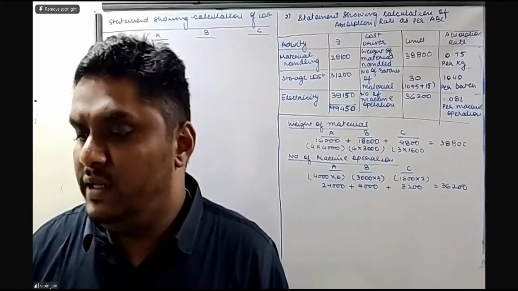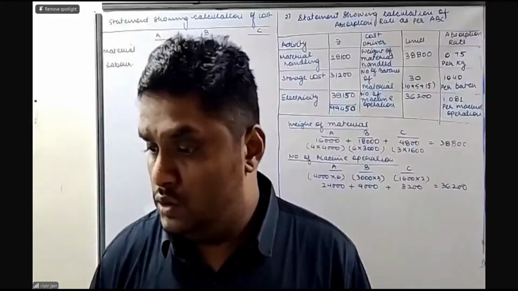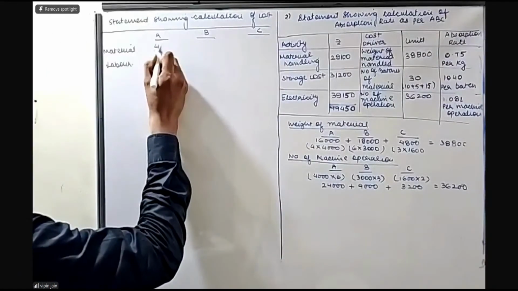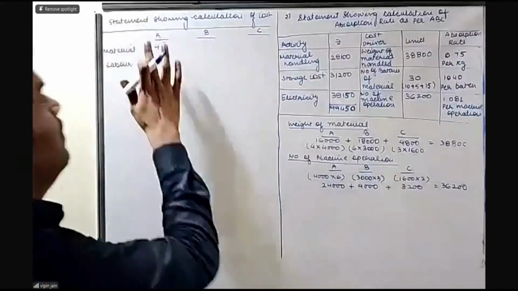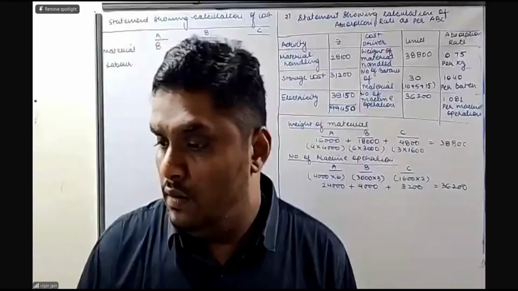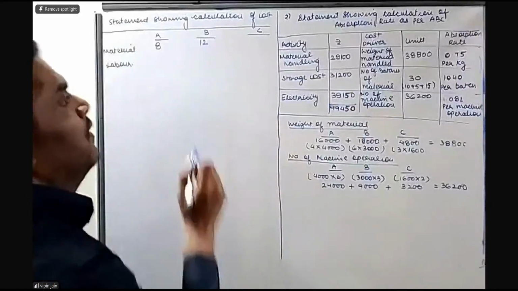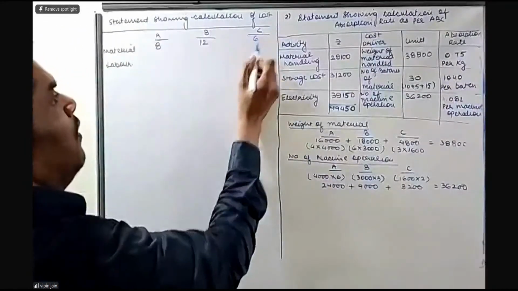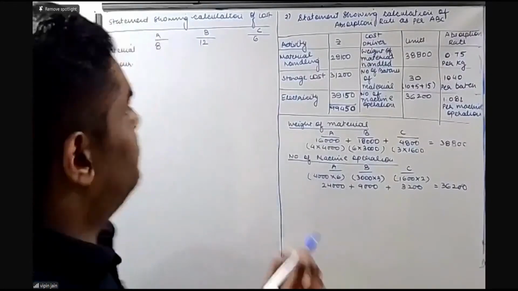So let's start with material. Material cost is 8 for A, 12 for B, and for C, it is 6. And talking about labor cost, so 5.